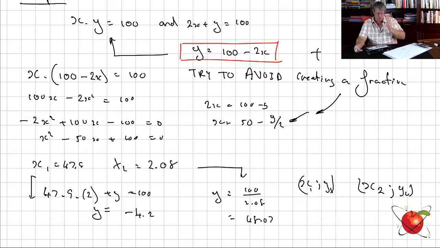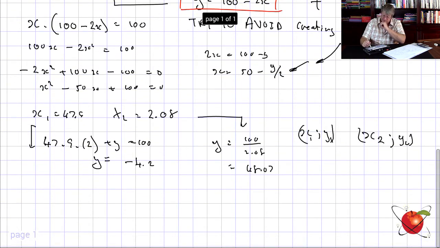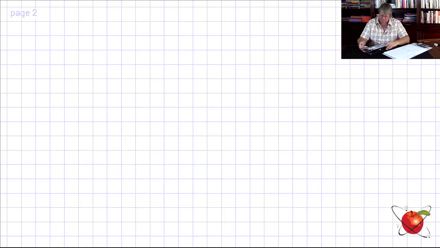So what does it mean when we solve the simultaneous equations? Let's look. Remember, let's say we've got x plus y equals 1 and x minus y equals 2.